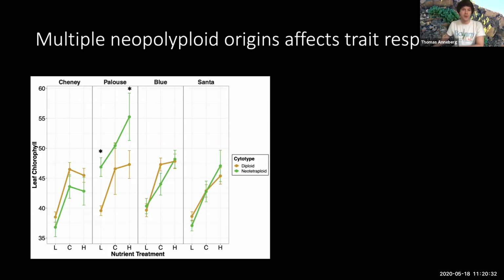There was also no effect of cytotype on leaf chlorophyll content in those leaves. But in Palouse, Washington, there was a significant effect of population of origin and cytotype on leaf chlorophyll concentration. So that was something that really jumped out to me and I thought was really cool, that an independent origin in the population sense caused these neopolyploids to respond differently.